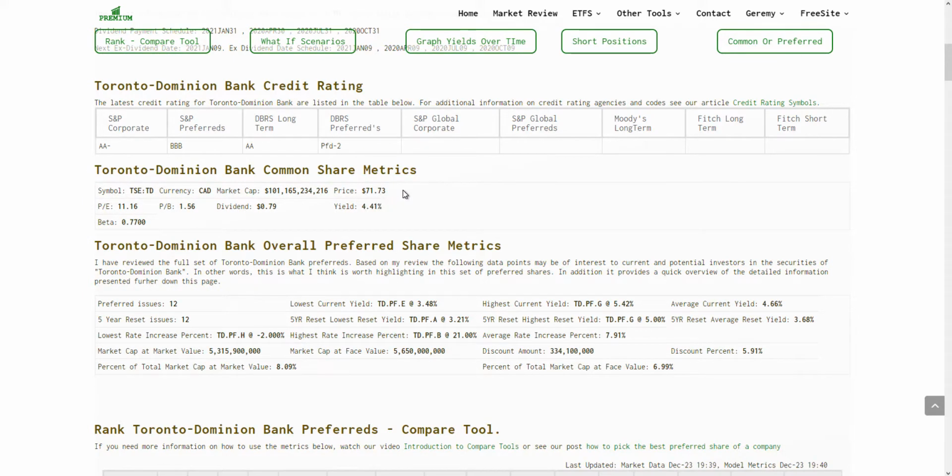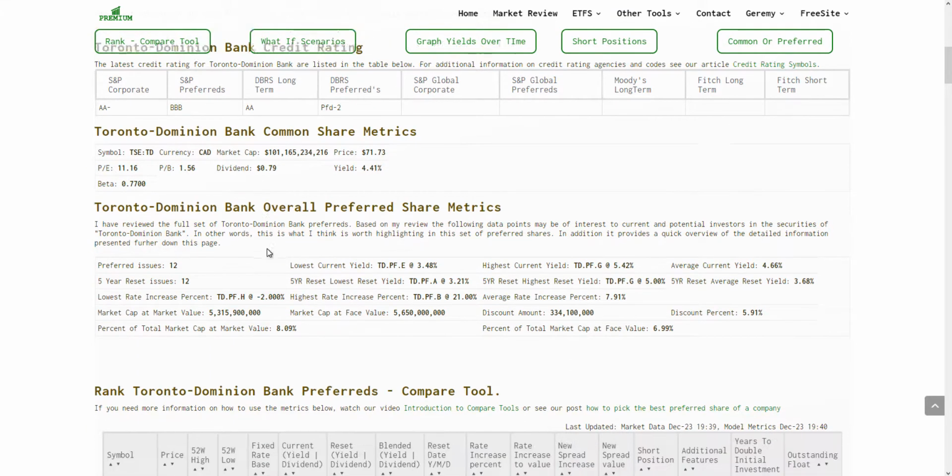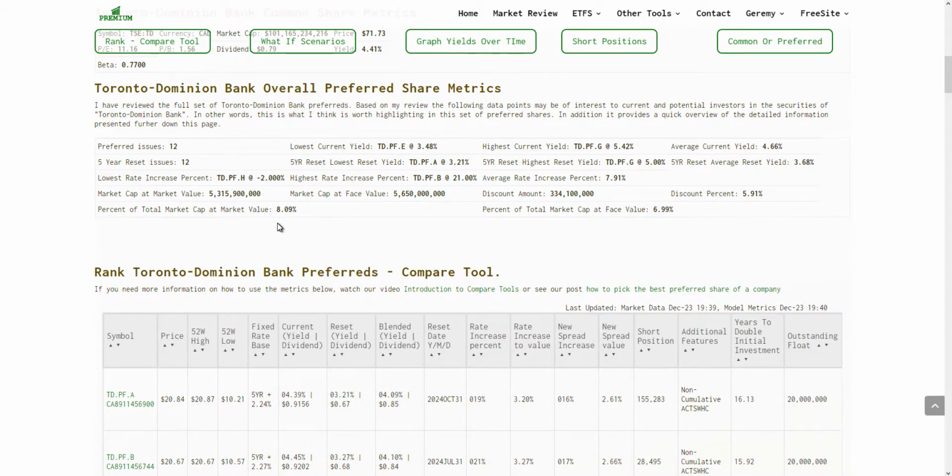Let's look at some of the yield-related metrics relevant to our current evaluation. As you can see, the current yield on the common is 4.41%. In the section TD Overall Preferred Share Metrics, we see the following metrics. The lowest current yield is TD PFE at 3.48%.